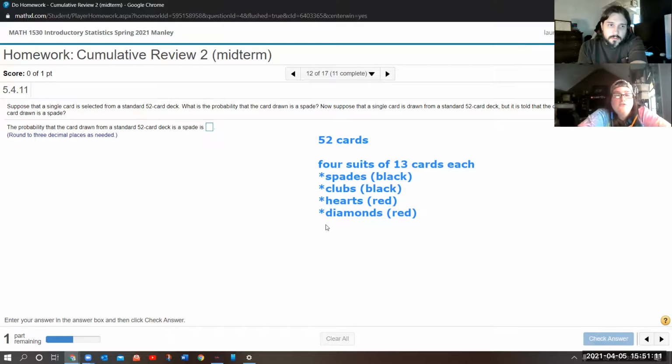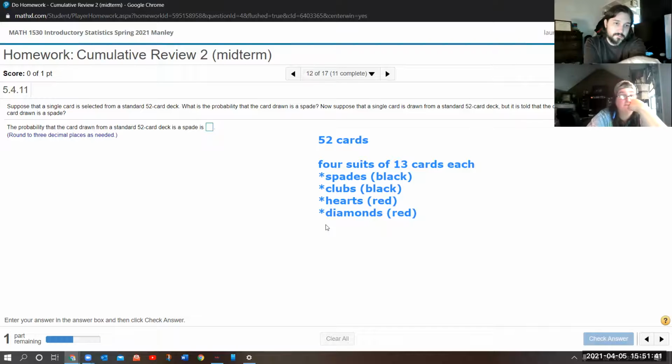So the probability that a card drawn from a standard 52 card deck is a spade, and they have, what's it, 4 cards in each column? Or is it 8? There are a couple of ways you can think about this. There are 13 spades. Each of these suits has 13 cards in it.